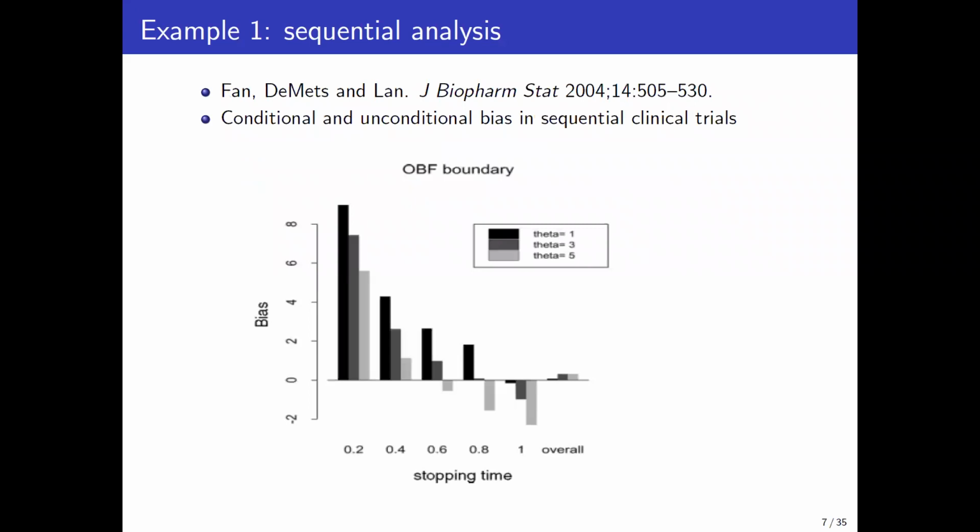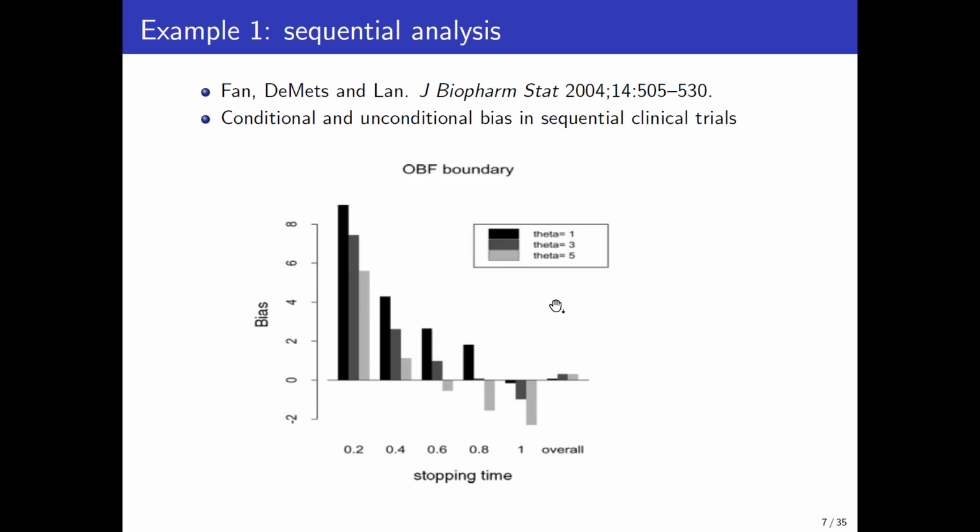And then one of the early studies of this conditional bias, and there were a few papers in the late 90s and early 2000s, this one from Van de Metz and Lan, studied the conditional bias essentially in that O'Brien-Fleming stopping boundary. So this is a simulation study from that paper. We've got the 5 interim analyses and then an overall average treatment effect as well.